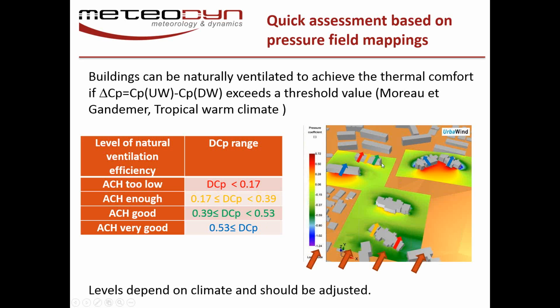But if you look at this one, you've got a sheltering effect. The color of the delta CP is quite similar upstream and downstream, so the potential is quite weak, whereas on the right side it is much more efficient. It's green, so between this range. Here, the potential is also very good. This kind of formula is quite useful, but it is only for tropical warm climates.